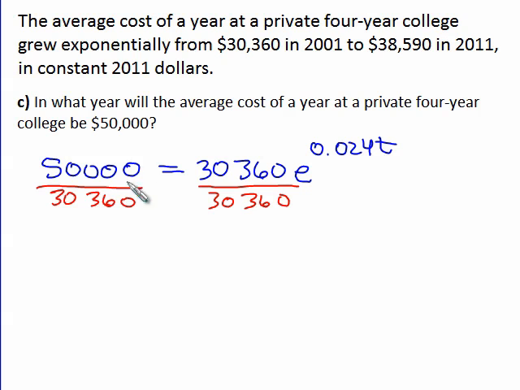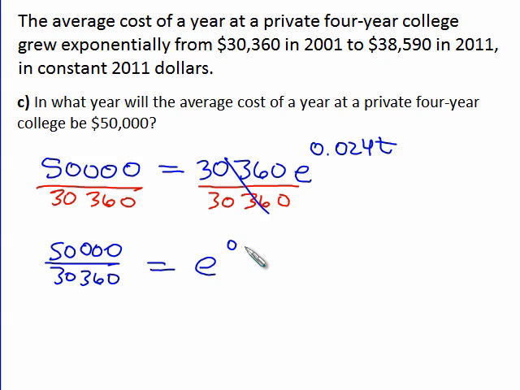And again, I'm not going to bother simplifying this or turning it into a decimal. I'll just leave it as 50,000 over 30,360. So it'll cancel on this side, and I have e to the 0.024t.